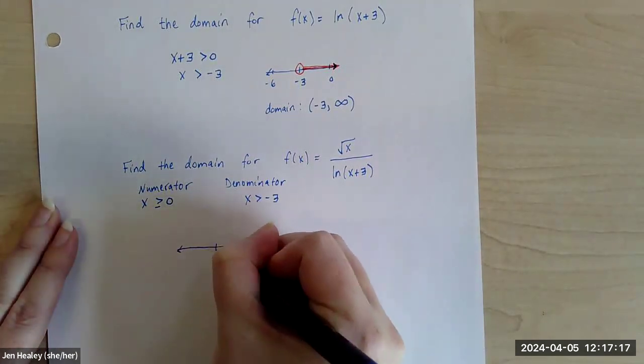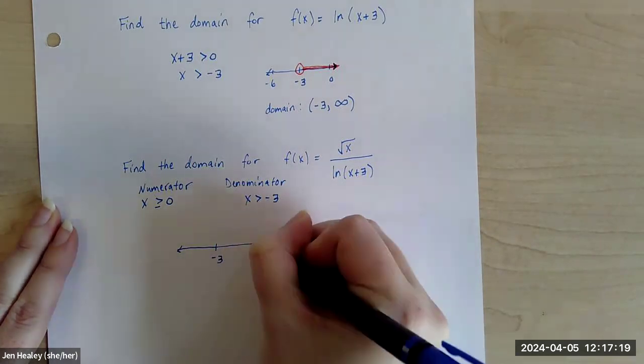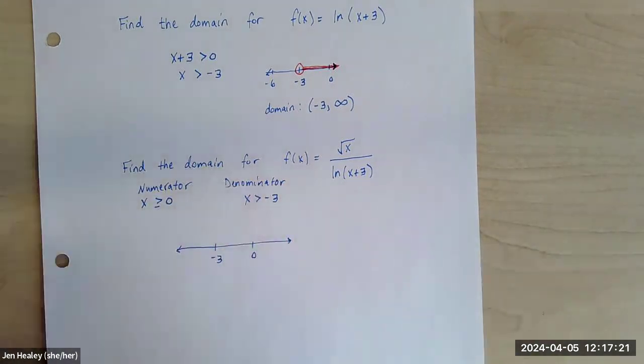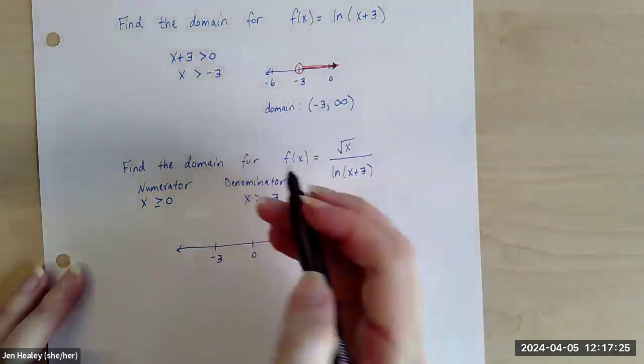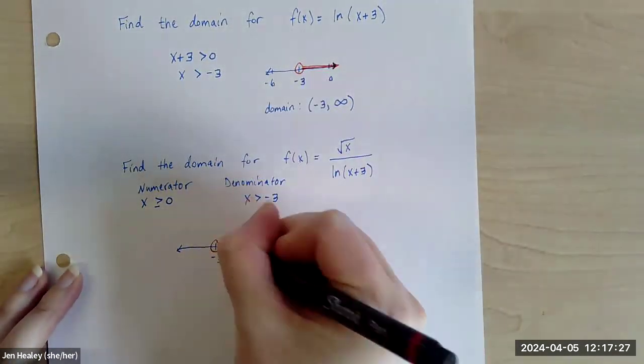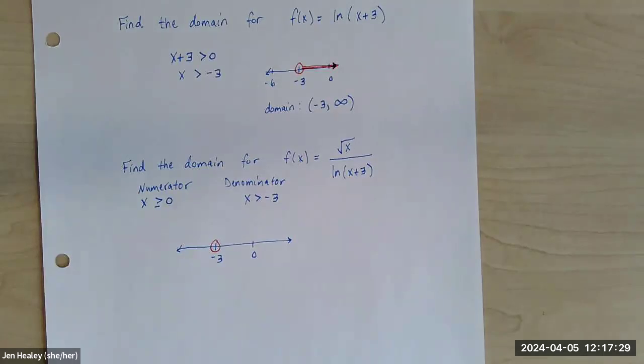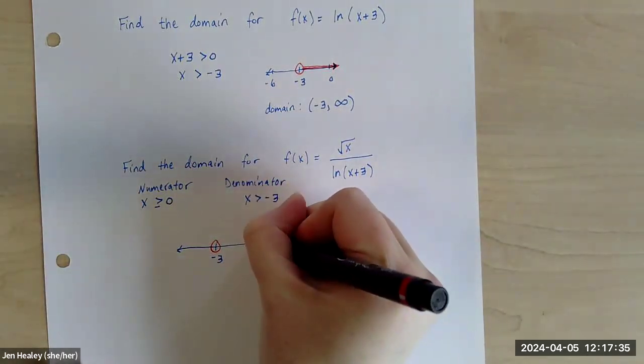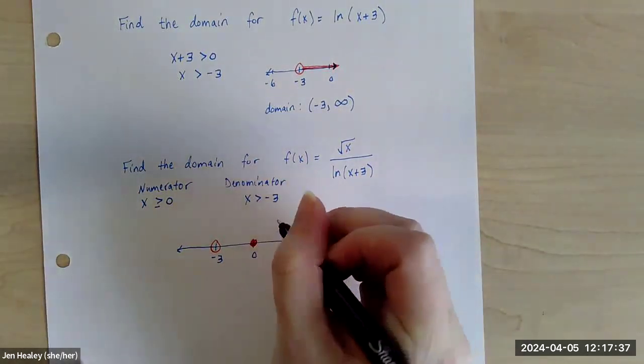So I'm going to put down -3, and I'm also going to put down 0. Same as in the last one, it's not allowed to actually be -3, but it is allowed to be 0. I have the or equal to sign on the 0, so I'm going to put a closed circle on the 0 part.